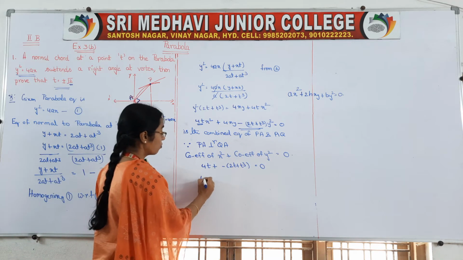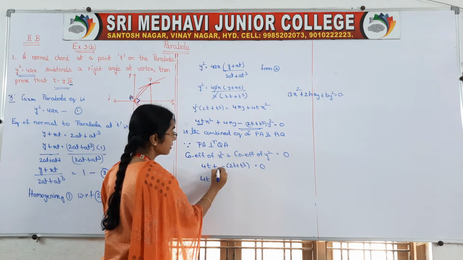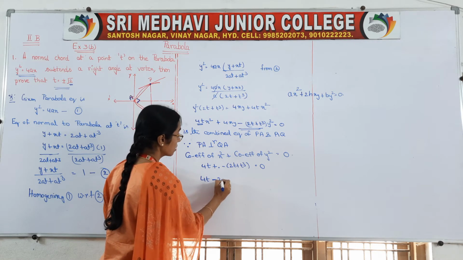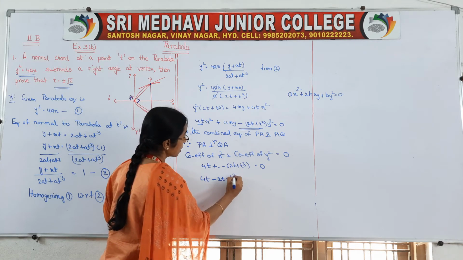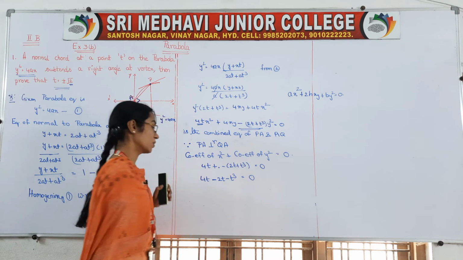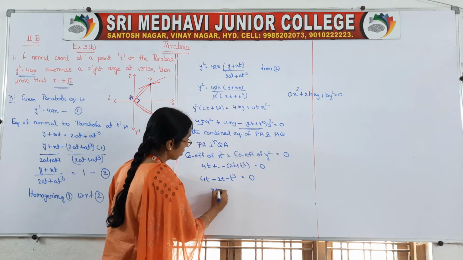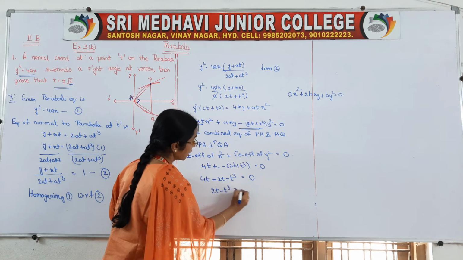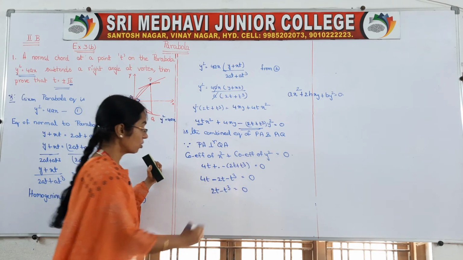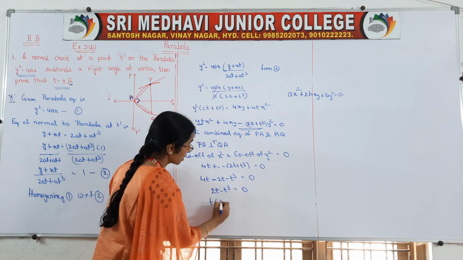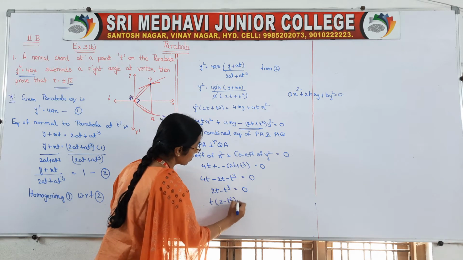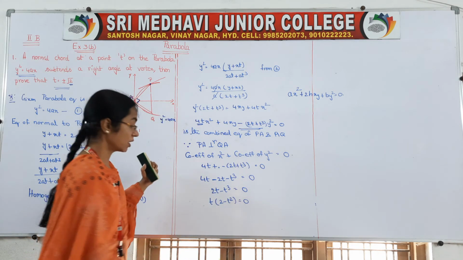So 4t plus of minus 2t minus t cube is equal to 0. 4t minus 2t is 2t. 2t minus t cube is equal to 0. You take t outside: t(2 minus t square) is equal to 0.